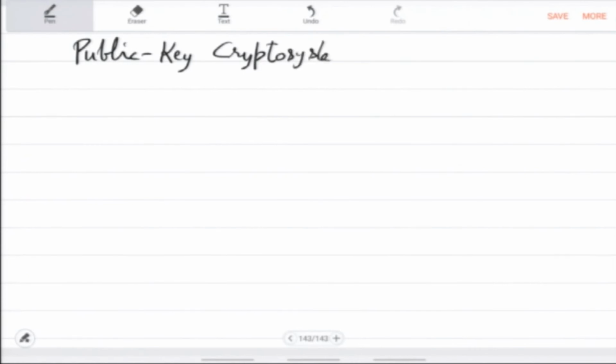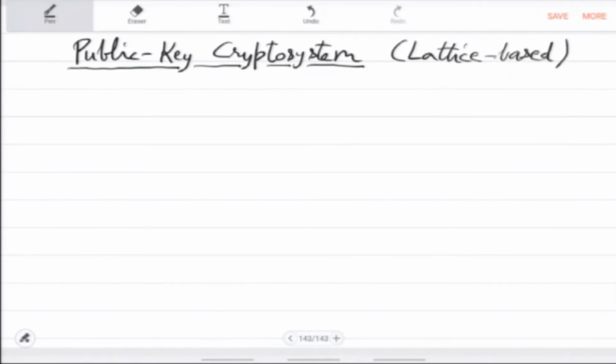Okay, so with this I will stop the discussion on the L-cube algorithm, and I will move to an application in security. We will look at a public key crypto system, which will be lattice based. So what is a public key crypto system?